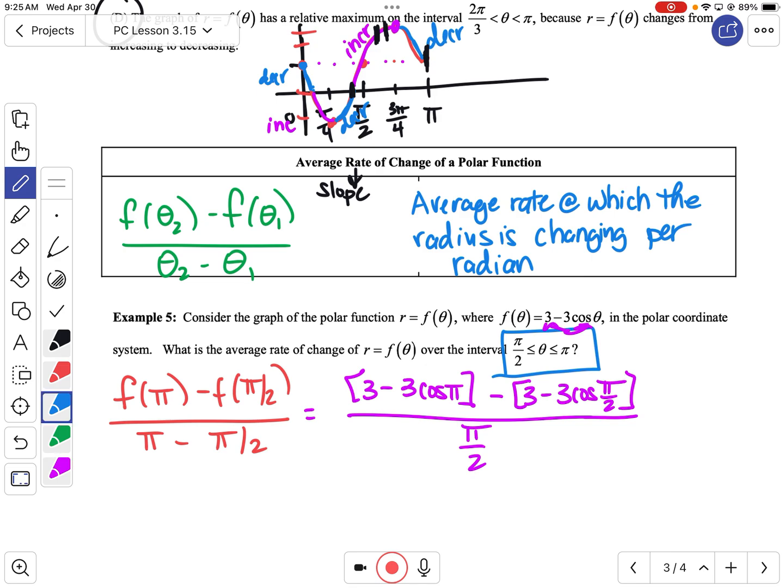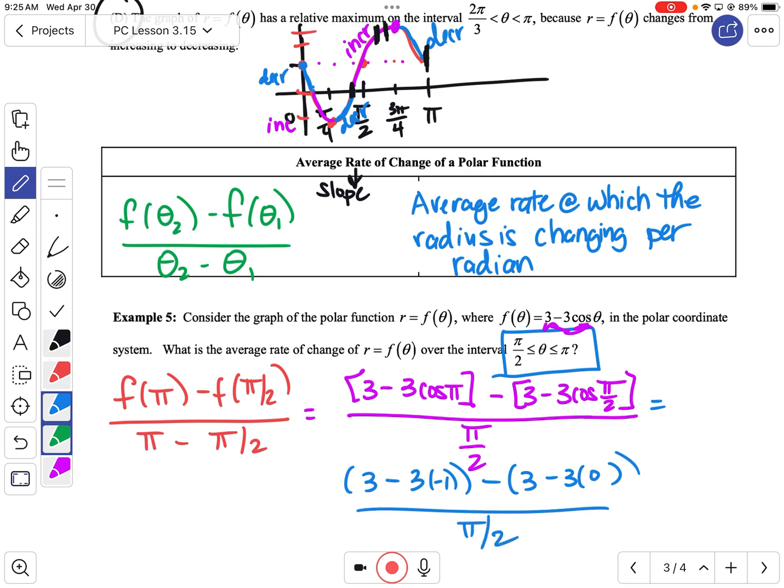Let's simplify, just a little bit of arithmetic here. What is the cosine at pi? It's -1. So 3 minus 3 times -1, minus 3 minus 3 times, what's the cosine at pi over 2? 0. And we're going to divide it by pi over 2.